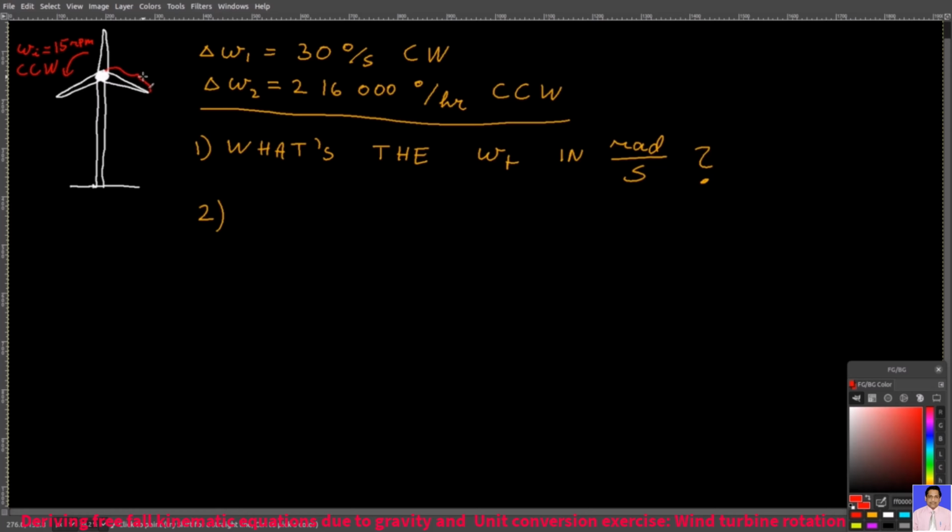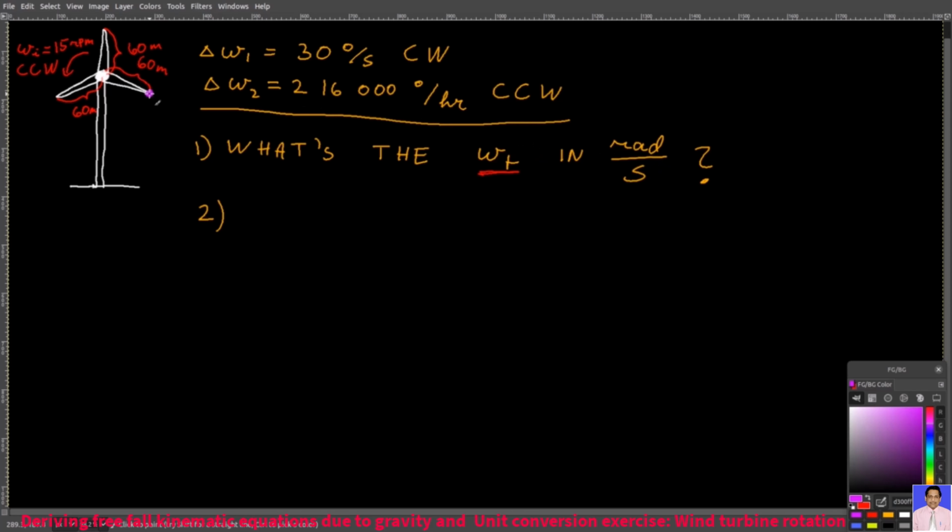Let's assume that each blade is 60 meters long. So this is 60 meters long, this is 60 meters long, and this is 60 meters long. And so considering that information, once you have found your final angular velocity, omega f, in radians per second, what is the tangential velocity at the tip of that turbine blade in kilometers per hour when this turbine rotates at omega f, at this final rotational speed in radians per second?